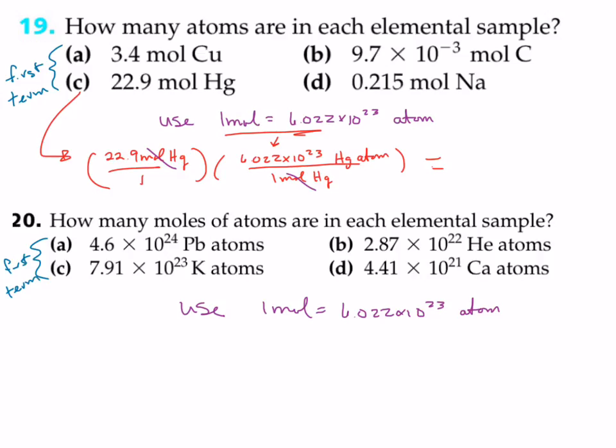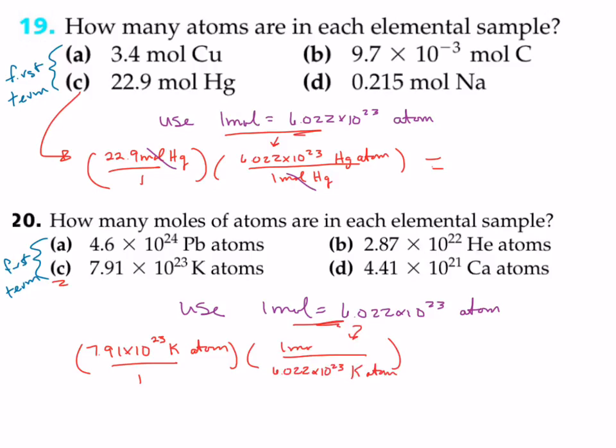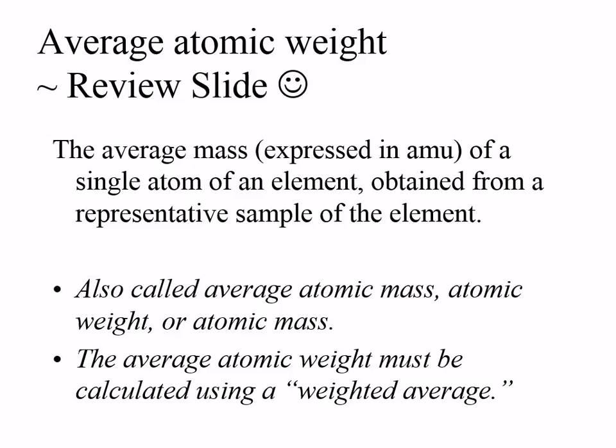So doing C, it looks like this. You'll have to make sure we're all on the same page with regard to scientific notation. 7.91 times 10 to the 23rd potassium atoms, K atoms over 1. Then we want atoms to cancel, put moles on the top. And that's it. No need to make it harder than it is. Okay, so those will be due on Friday.